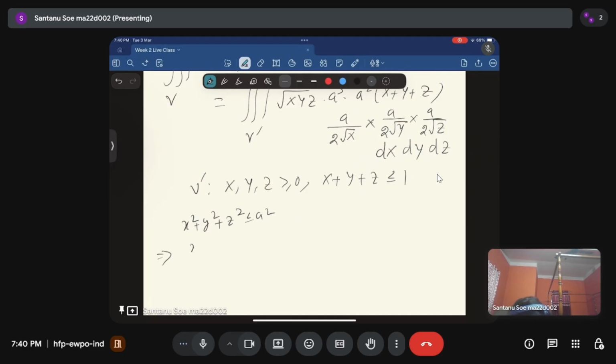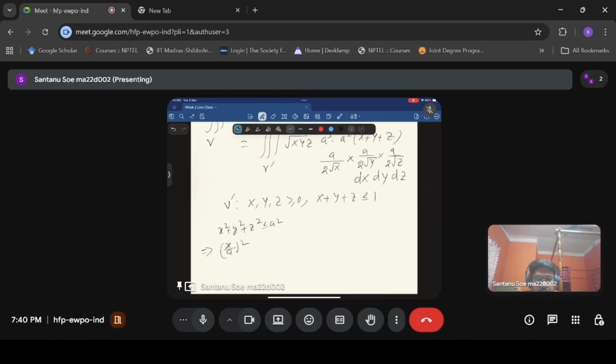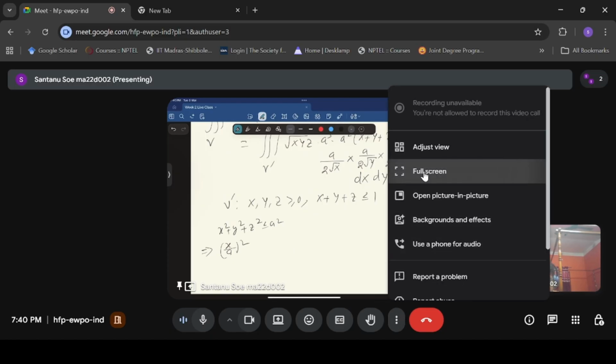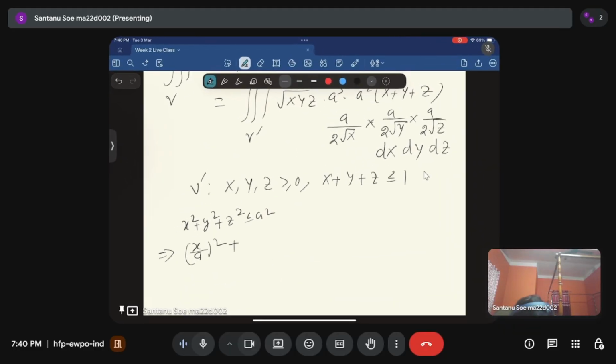So this will imply x by a whole square plus y by a whole square plus z by a whole square is less than or equal to 1. So now since x by a whole square is capital X, y by a whole square is capital Y, and z by a whole square is capital Z, this is less than or equal to 1. Okay.